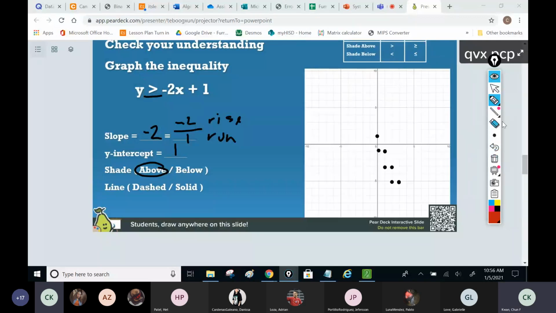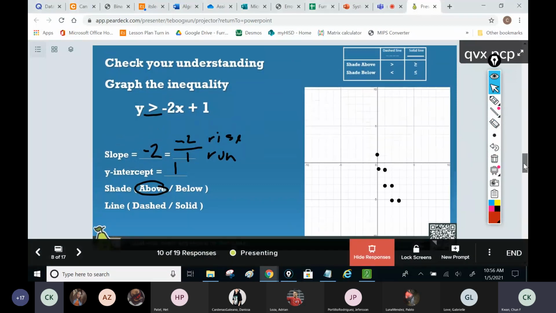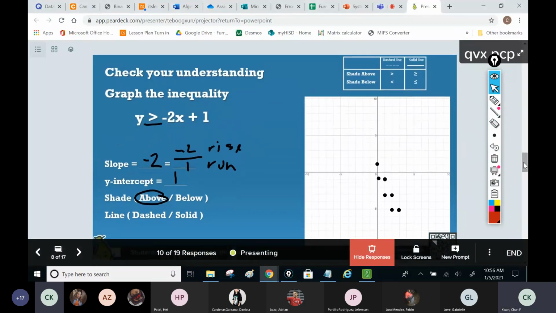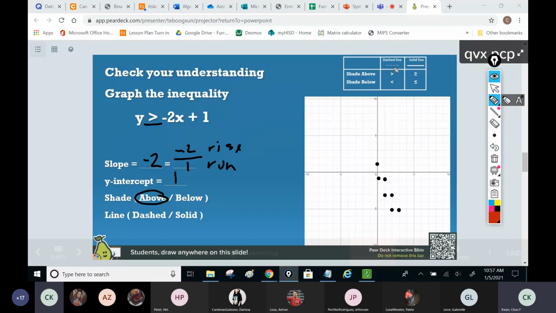This is a greater than, and for greater than, we need a dash line. There you go. Good, just like that. Right now you want to shade above the line, on top of the line.